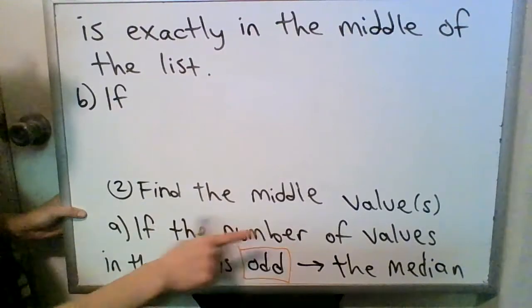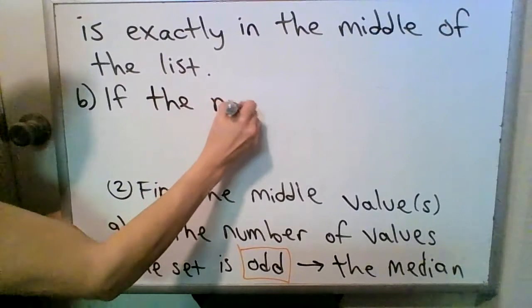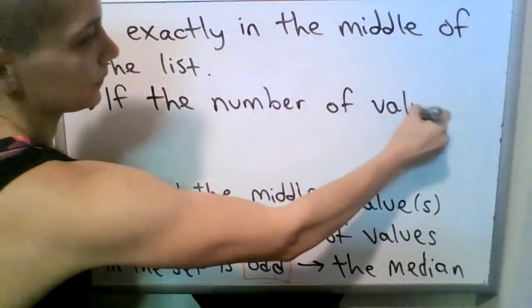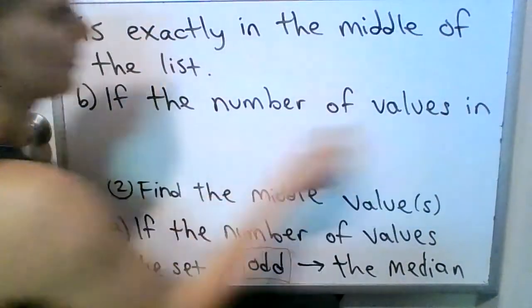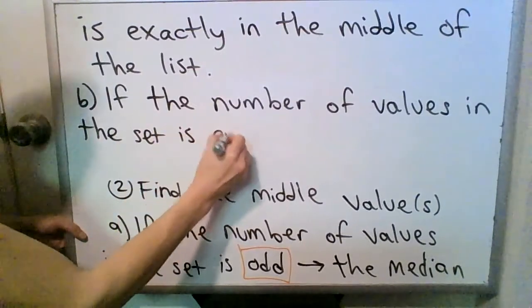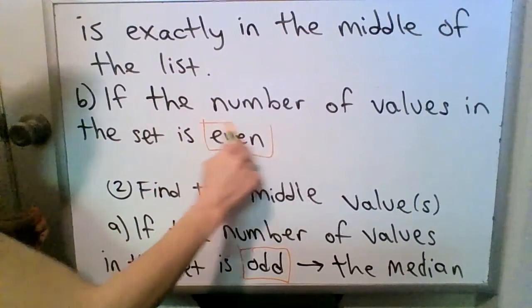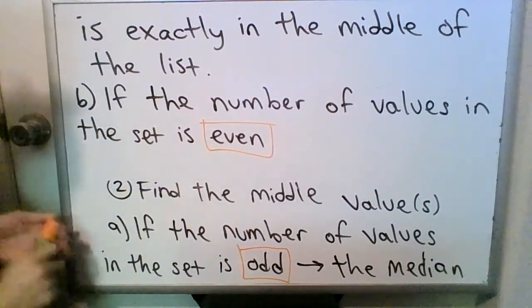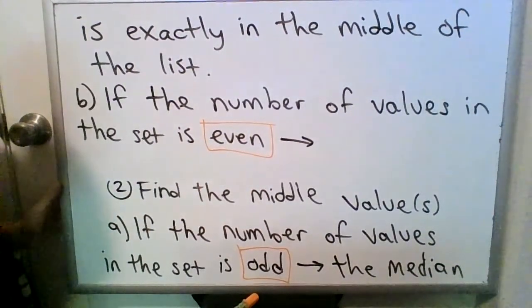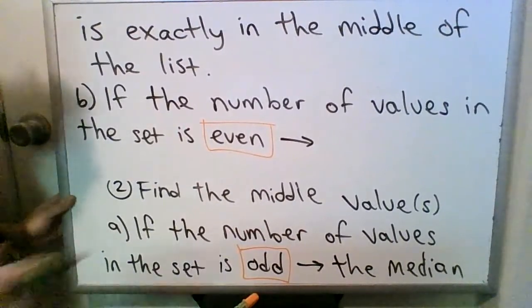So if the number of values in the set is even, then the median is the average of the two middle values in the list.